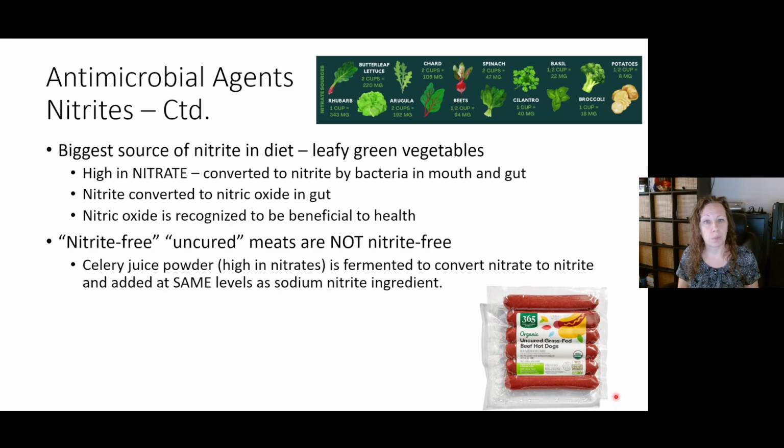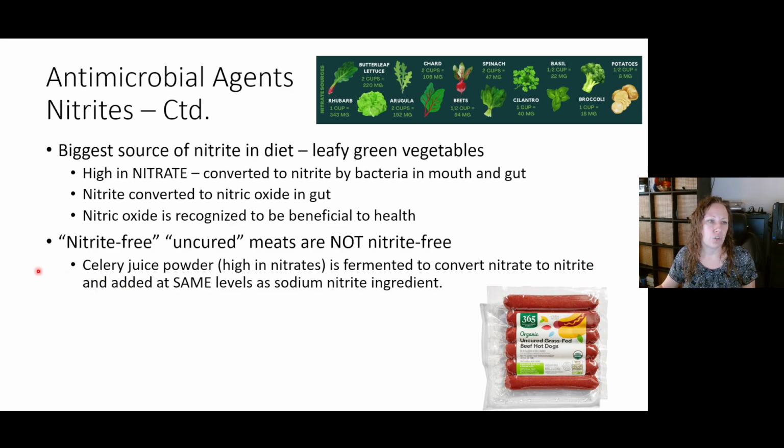So all of these products have a different natural form of sodium nitrite that has been added to the food. It's the exact same chemical. It just has a different carrier ingredient going into the product.